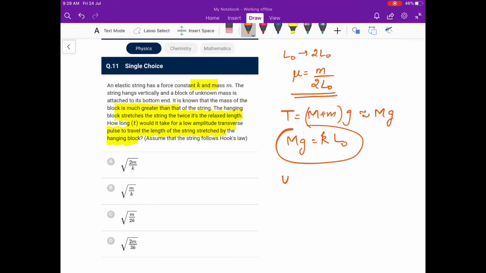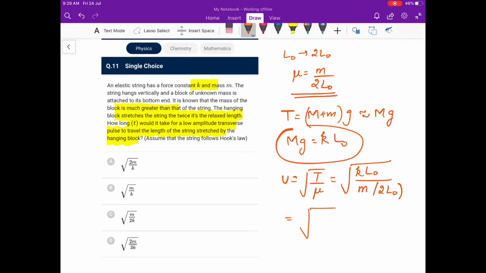Now the velocity of the wave is equal to root T by mu in the stretched string. T is Mg, which I can write as k times L0, and mu is m upon 2L0. So this is what we are getting.